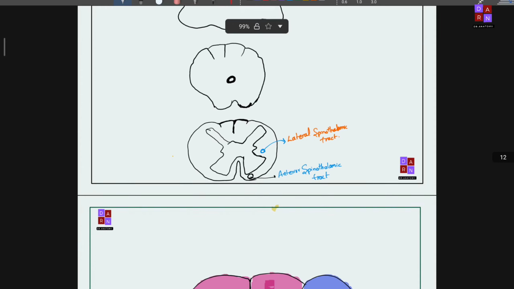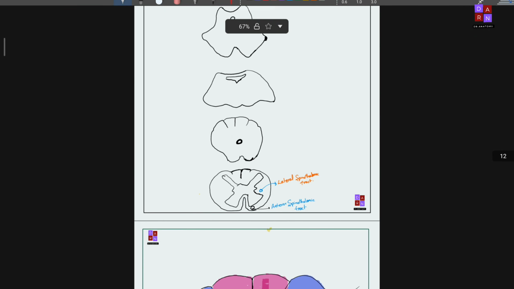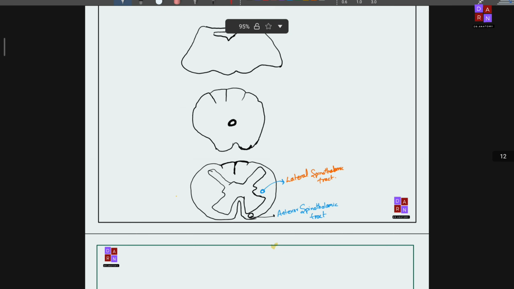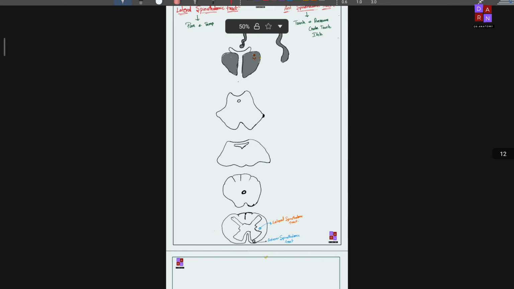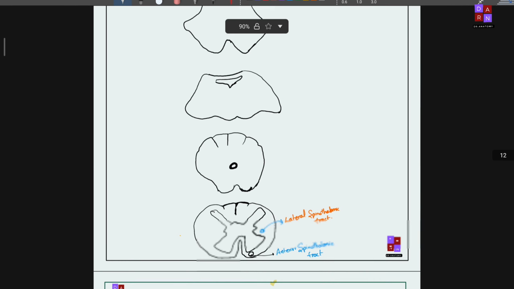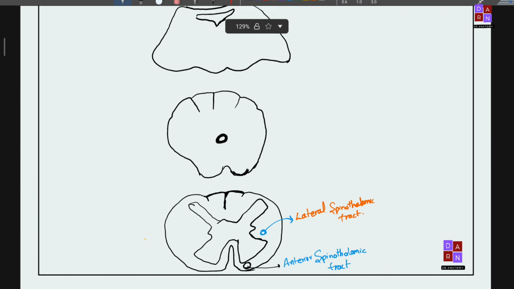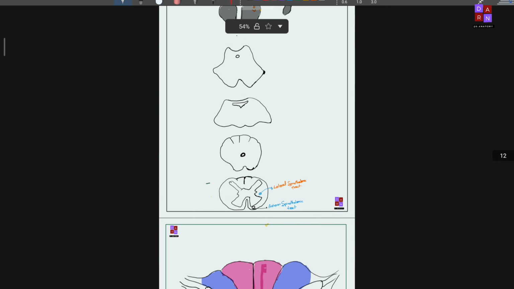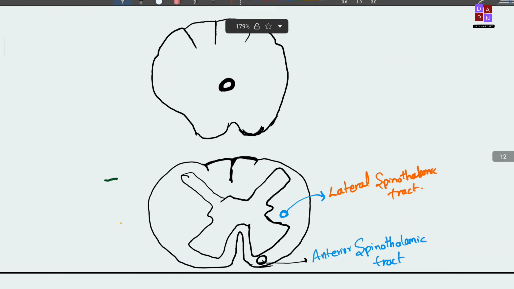Coming to the tracts. Sensations from the first order neuron go into the posterior horn of the spinal cord.